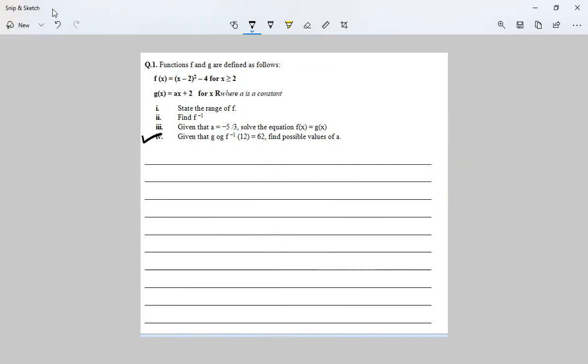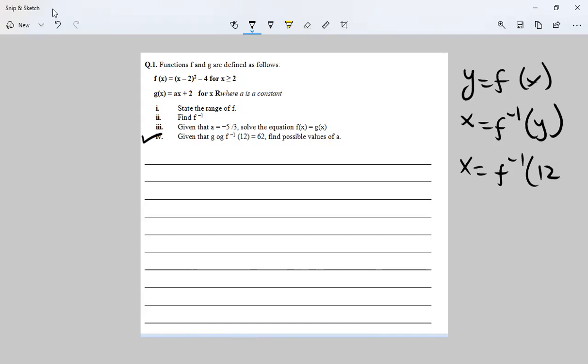Firstly, what is the basic description I have given you? y is equal to f of x. If you want to write it down, x is equal to f inverse of y. And it is given x is equal to f inverse of 12.